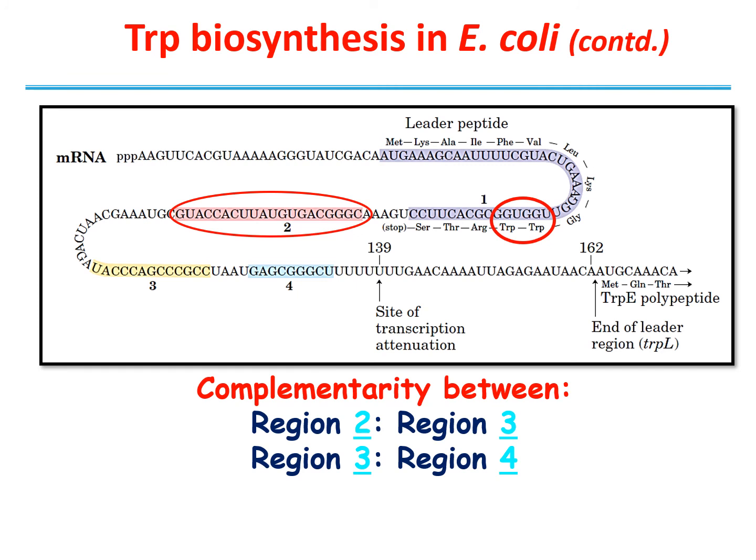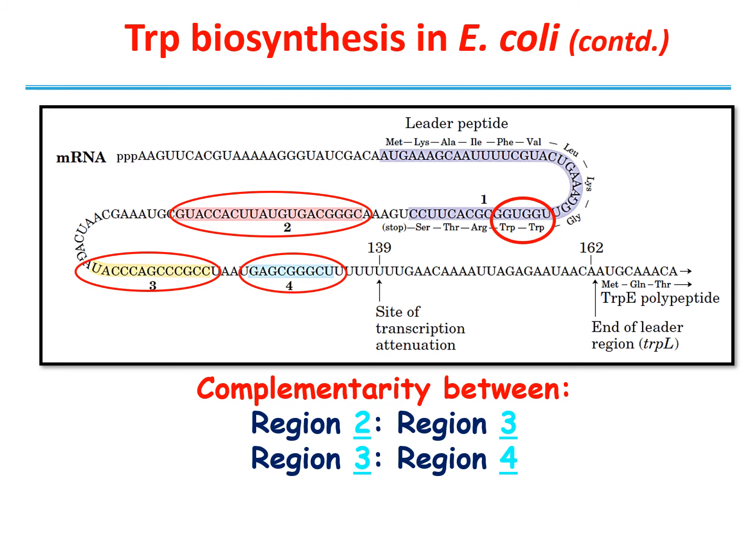Then there is a region 2 which is sequentially complementary to region 3, and region 3, in addition to region 2, is also sequentially complementary to region 4. Complementarity of course means that these two sequences can bind to each other. So now this is our key: if these two sequences are complementary to each other, they can form a hairpin structure. So which hairpin structure will form when?